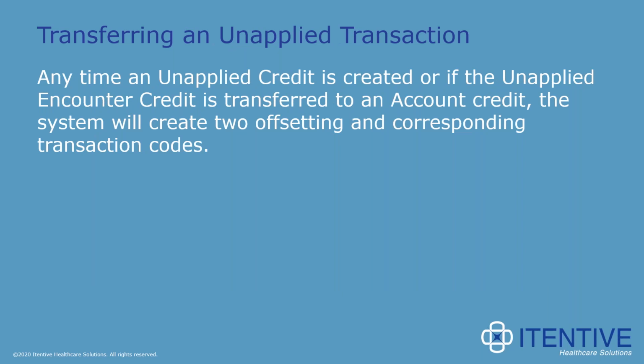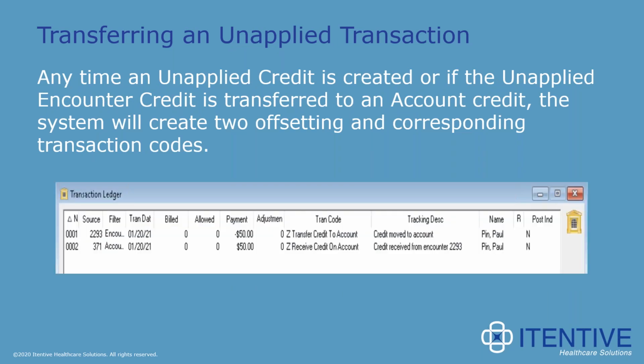Anytime that you're transferring an unapplied credit, the system is going to create two transactions. They're corresponding and offsetting transactions. One, the transfer credit to, and receive credit on. So again, whether you're doing an unapplied credit, this is what it looks like when you're doing the transfer. It's going to use the transfer to and receive credit on account.